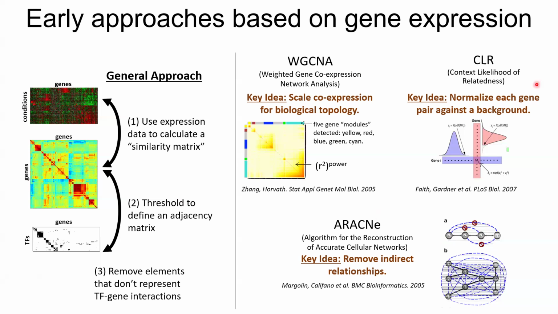Another commonly cited approach is CLR, which stands for Context Likelihood of Relatedness. The basic idea of this approach was to normalize each gene pair against a background. This also started based on mutual information and computed a mutual information matrix.